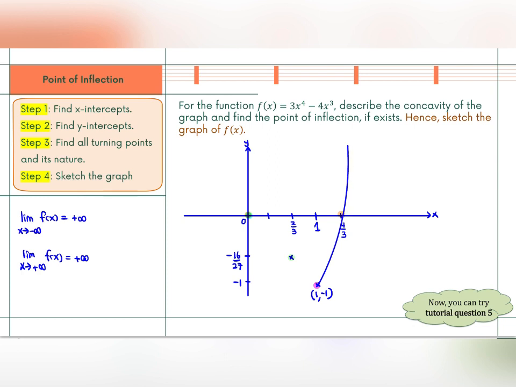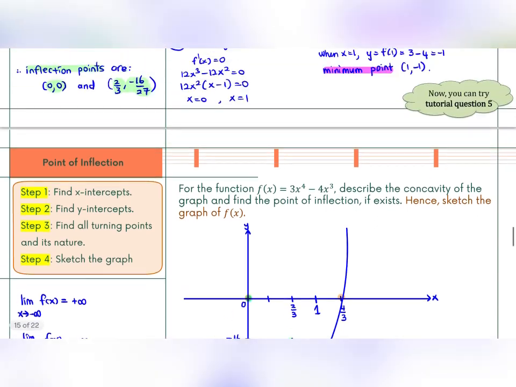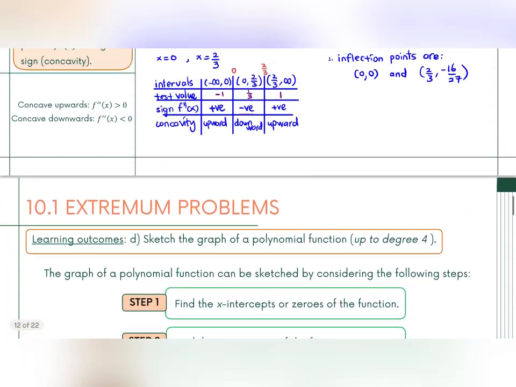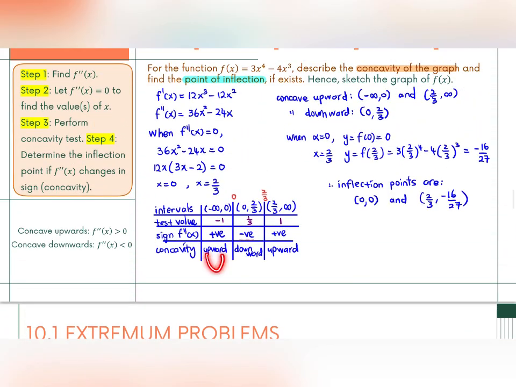Okay, so dia sedikit lari. Bolehlah tu, dia touch. Okay, lepas itu, because this is our minimum point kan. Okay, and then this is where our inflection points. So, kita tengok tadi, apa yang conclusion kita dapat for our inflection point? Upward, downward, upward.